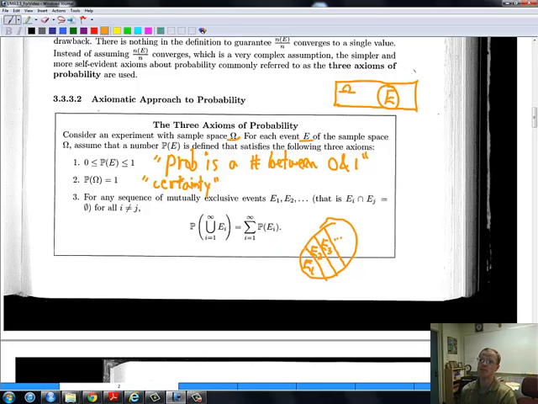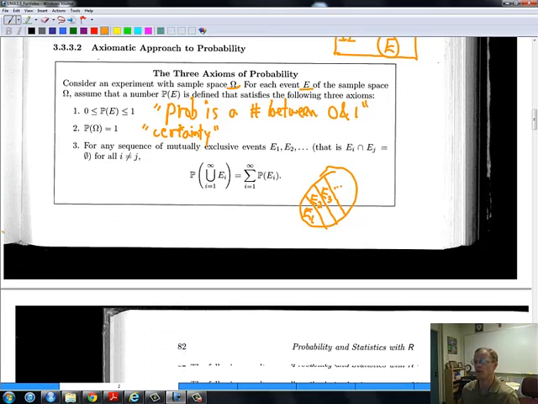Then, if you break it into chunks, then the probability of the union of all those E's, so that's separating them out, is simply the sum of the probability of each one individually. And so hopefully that makes intuitive sense looking at the diagram, but that's axiomatic. Okay, now with that we're going to move forward.